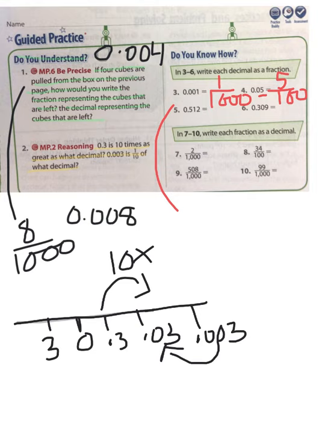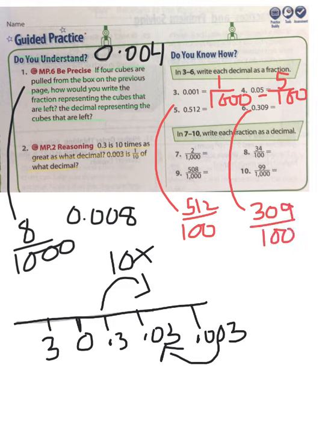It's really important that you say them correctly. So 512 over 1,000. And then our last one, we have 309 thousandths. So 309 over 1,000. Whoops, I missed my 0 over here. My brain just grew because I realized I made a mistake.